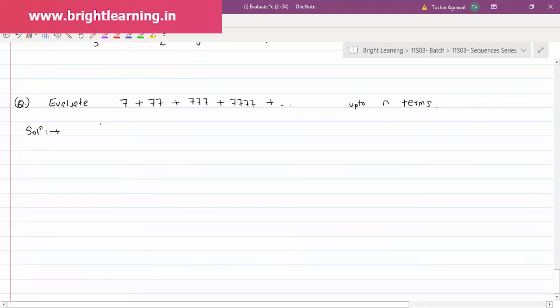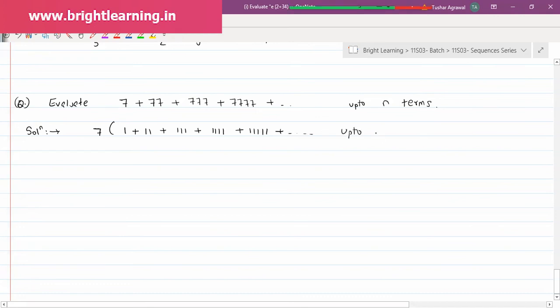Okay, let's first do this question. See, Pujita, Afrin, if we take 7 as common, what do we have to calculate? 1 plus 11 plus 111, 1111, 11111, and so on, up to n terms.